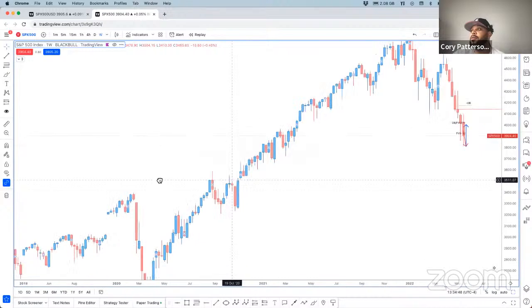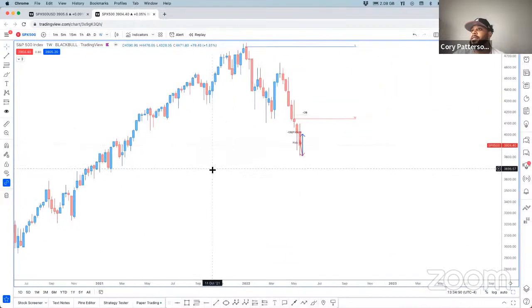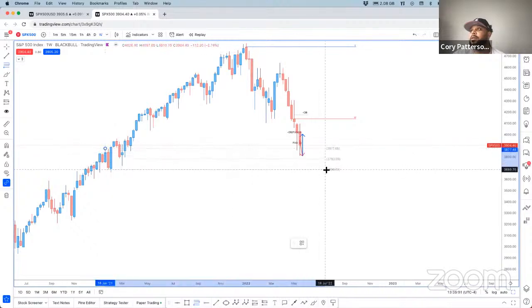We go any lower on SPX, the low of this order block is what we'll be looking at. Low of that order block is 36.91.